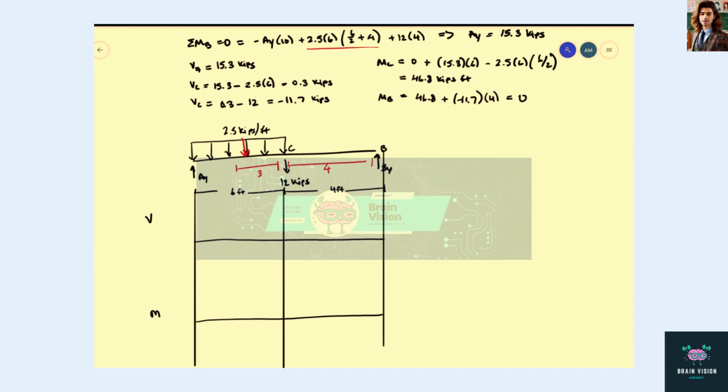So at A, we have 15.3, and we go down to 0.3. Then we go negative down to negative 11.7, and then it's constant all the way through, and then we return back to 0.